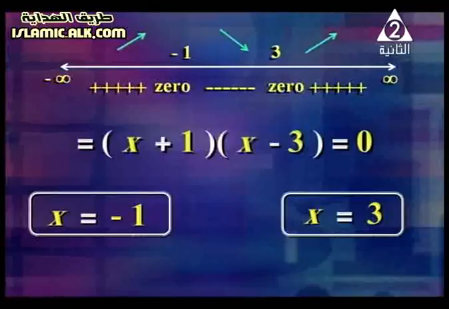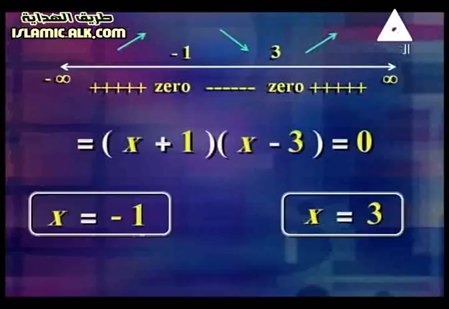When substituting any number from negative infinity to negative 1, we find f dash is more than 0, then the behavior of the function from negative infinity to negative 1 is increasing. From negative 1 to 3, the function is decreasing, but from 3 to infinity, the open interval, the function is increasing.